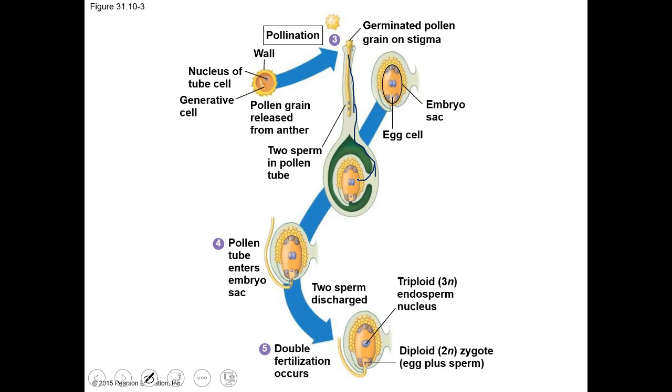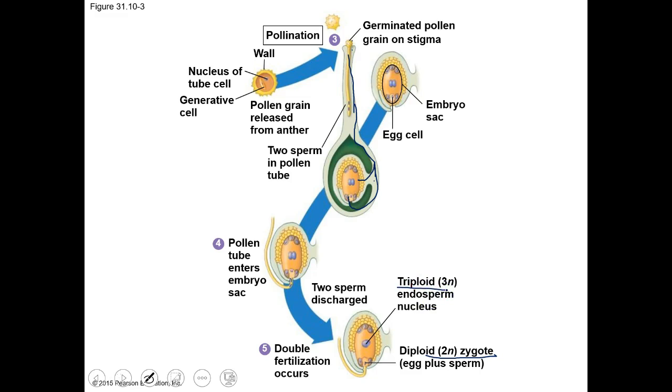It goes around to the opening this way, through the bottom. And notice we've got two little sperm cells coming to the opening. Those will fertilize the egg to form a diploid zygote, and will also fuse with the endosperm as well.